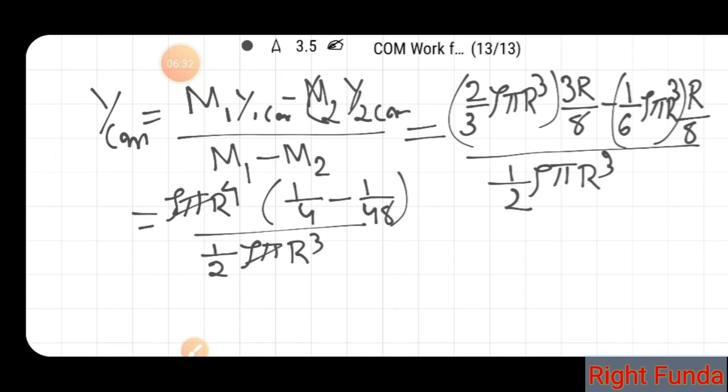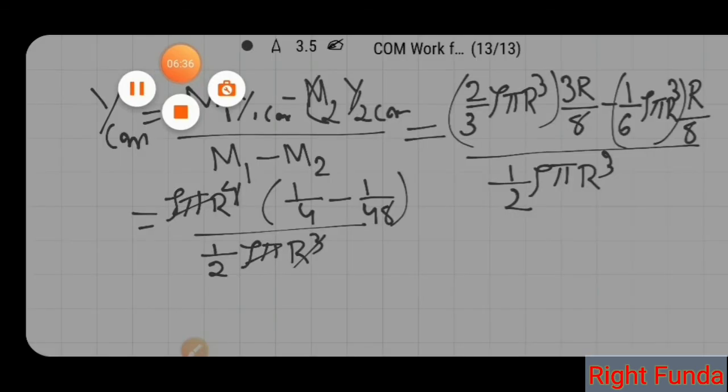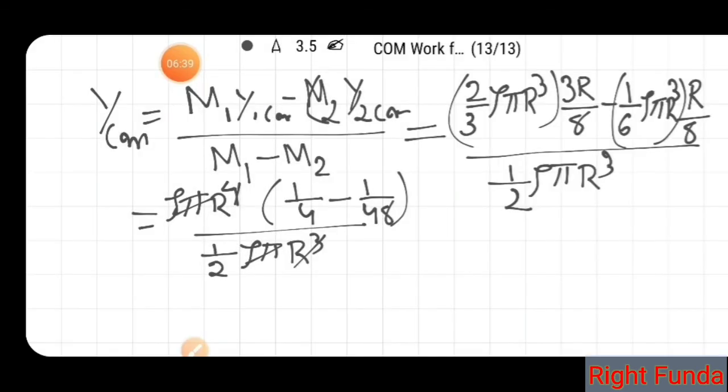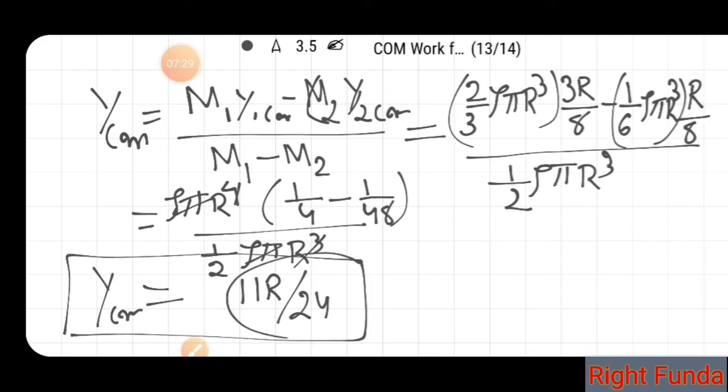So rho pi r cube cancel, and this r got cancelled, and so we'll substitute the value. This will come out to be 11r by 24, ycm. So our answer is 11r by 24.